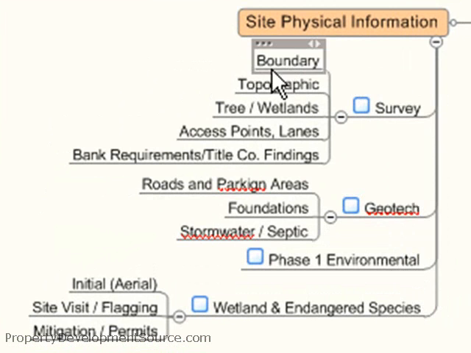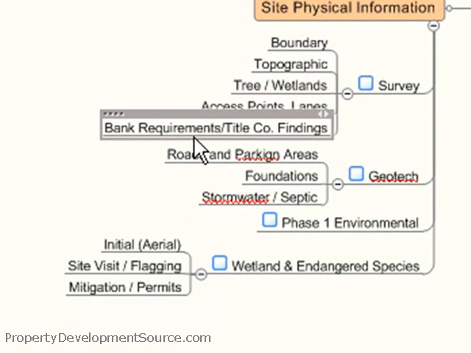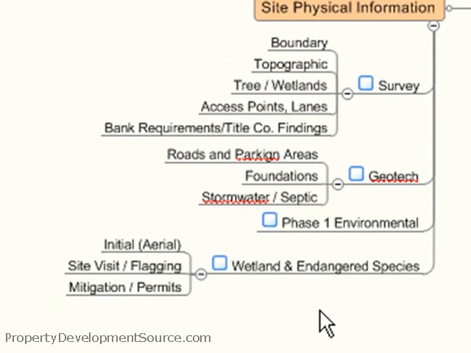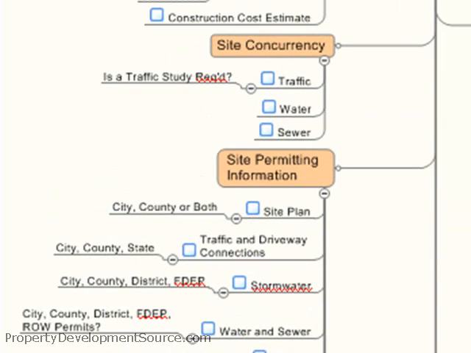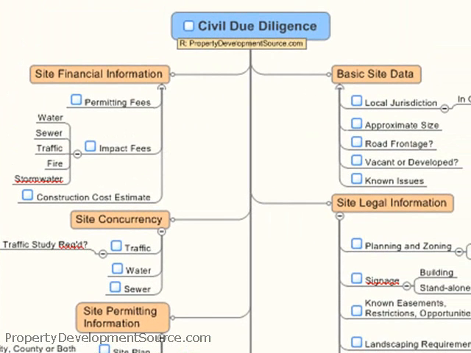But these are the kind of things that you're going to want to be getting in your initial due diligence, and then once you make your go-no-go decision and hire these guys, these are more of this and more details, the kind of things you're going to want to get. I'll go through more of that, like I said, in other videos, but this is just a general overview.